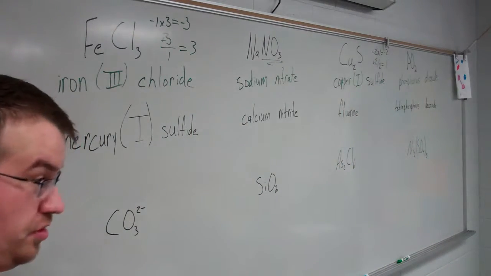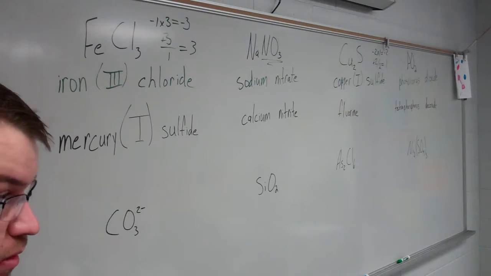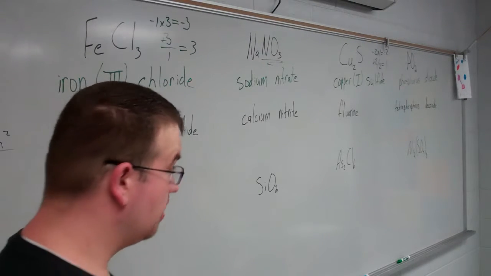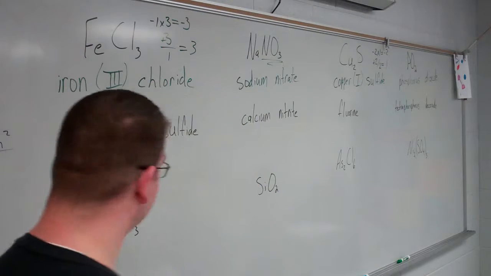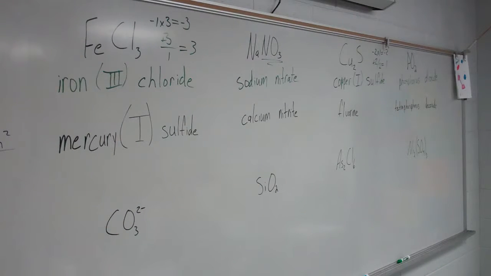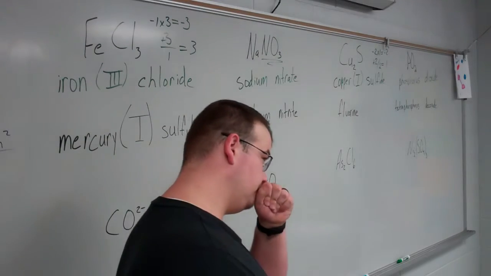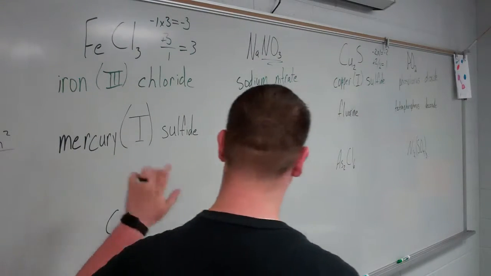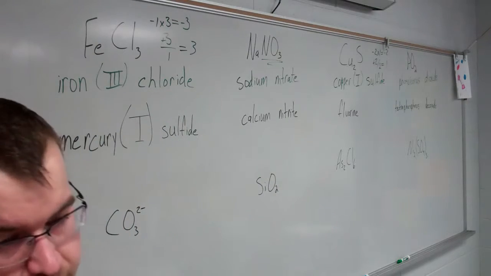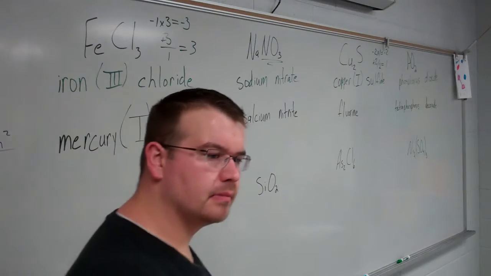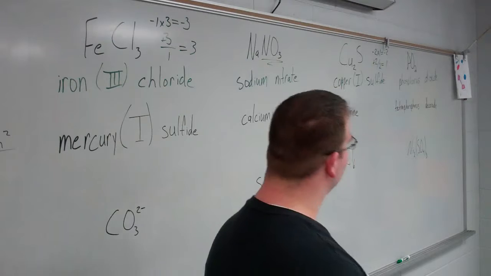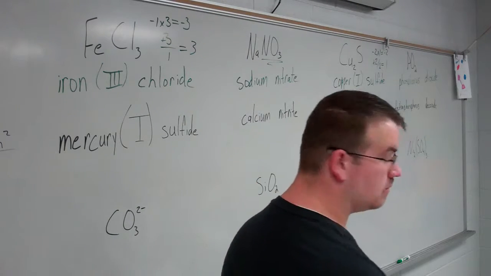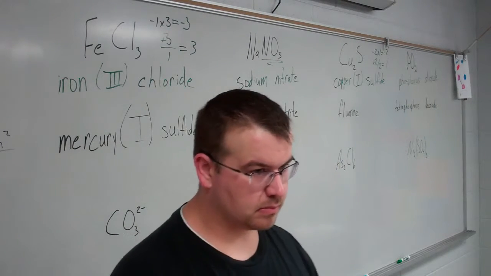Okay? Are there questions there? Are we good? Let's go to the next one. Yeah, I think that's the easiest. Okay, so let's work backwards. Let's work from the names, and let's go to the formulas. With the prefixes, you're naming the prefixes based on the subscript, like that little 2.